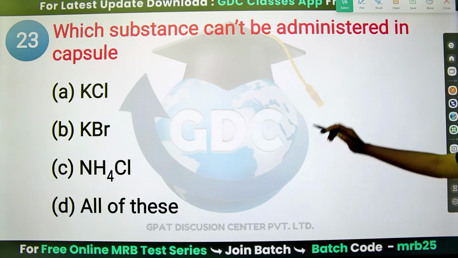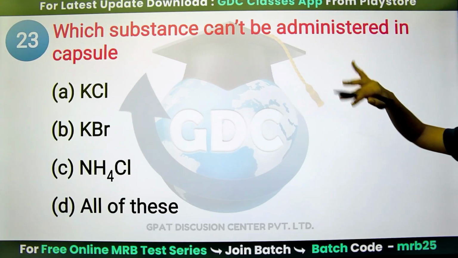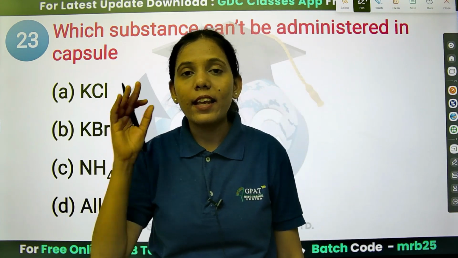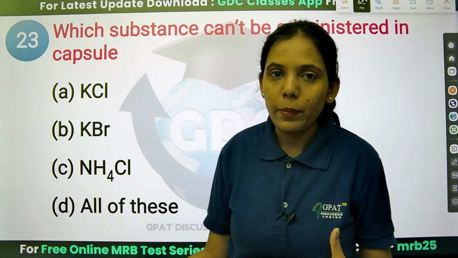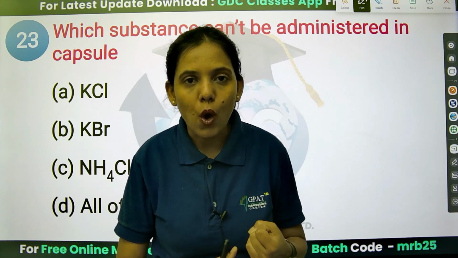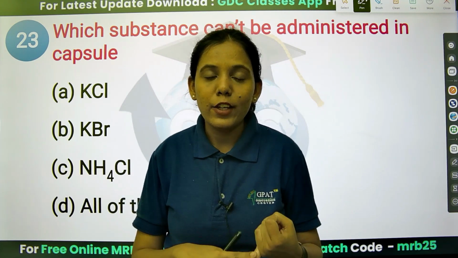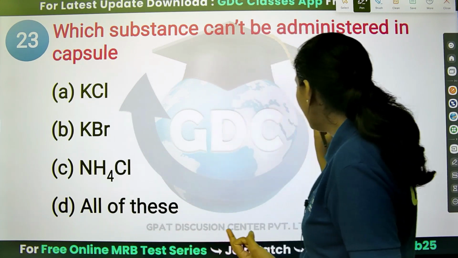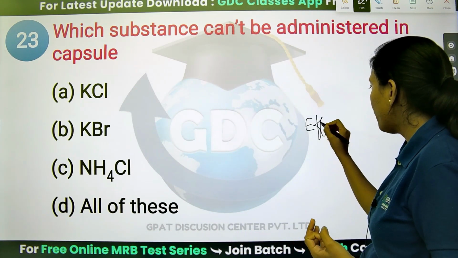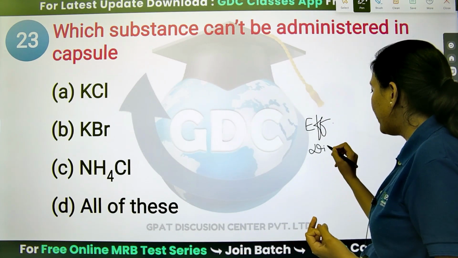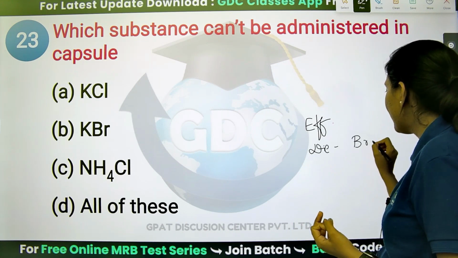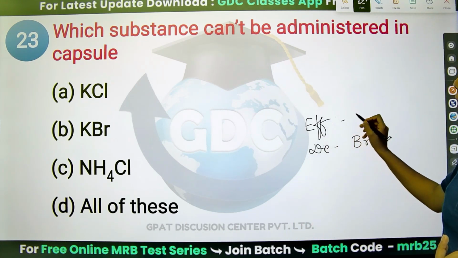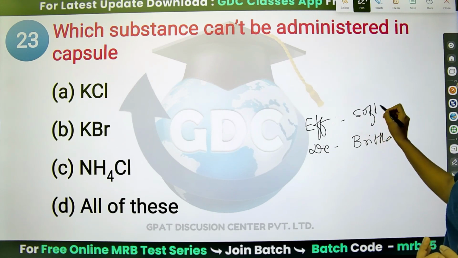The next question is, which substance cannot be administered in the capsule? We have already seen in the class that there are certain substances which cannot be administered. For example, certain salts like KCl, or highly soluble salts. Then efflorescent and deliquescent materials: deliquescent material makes the shell brittle, and efflorescent material makes it soft.